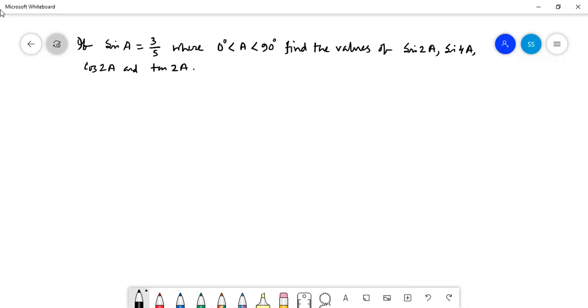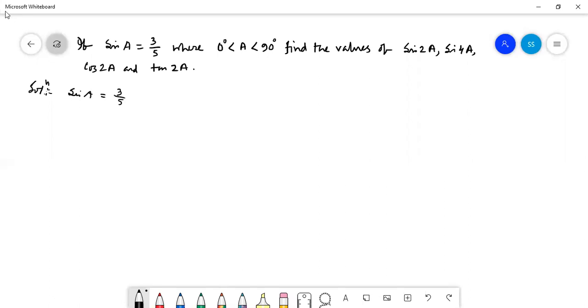So sin A is given here. So we are going to solve this. Sin A equal to 3 by 5.